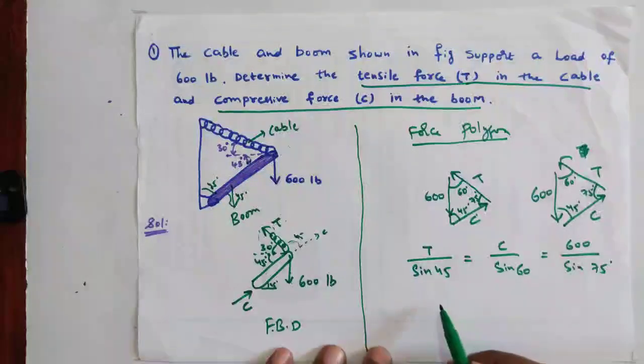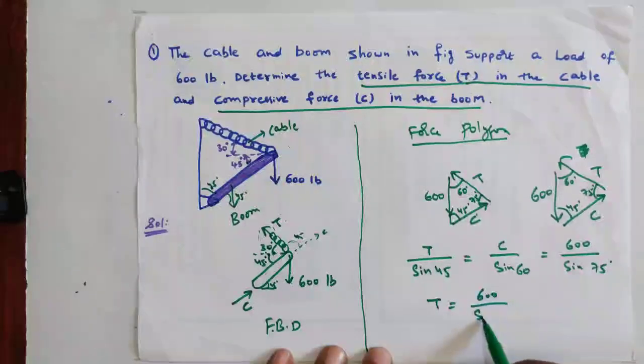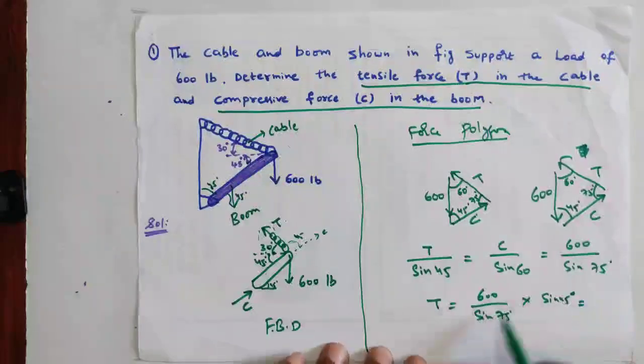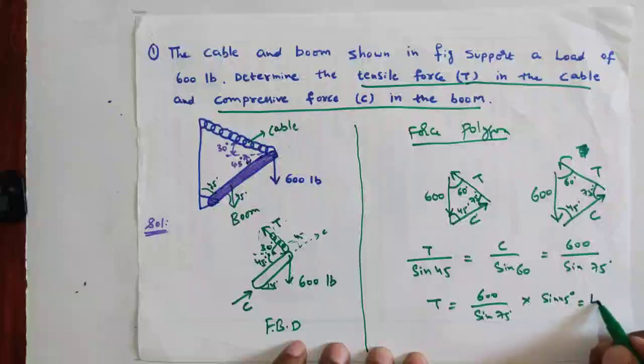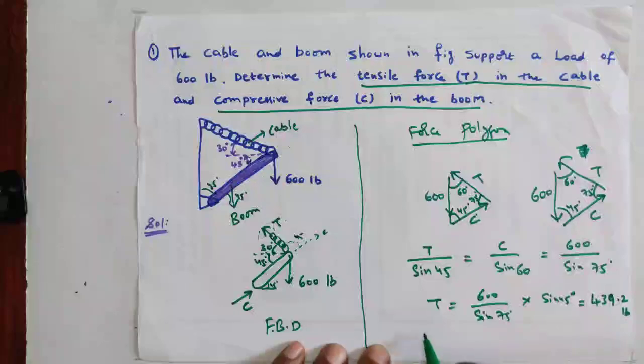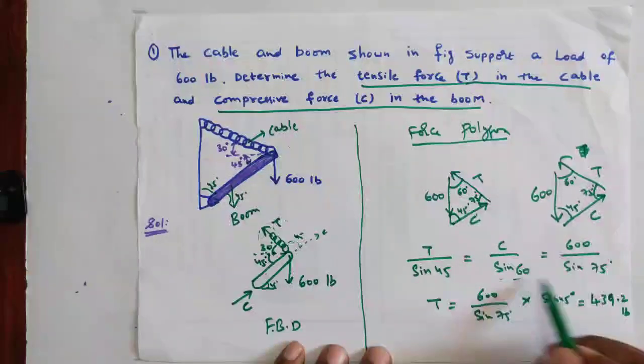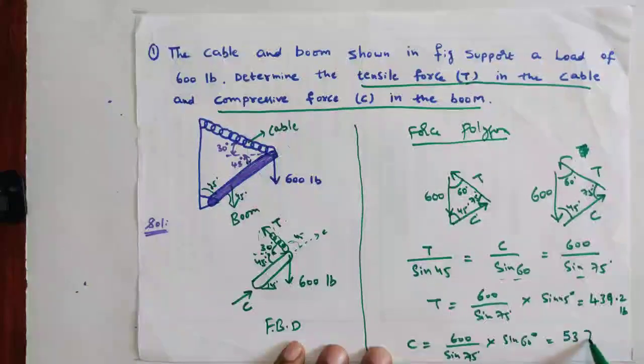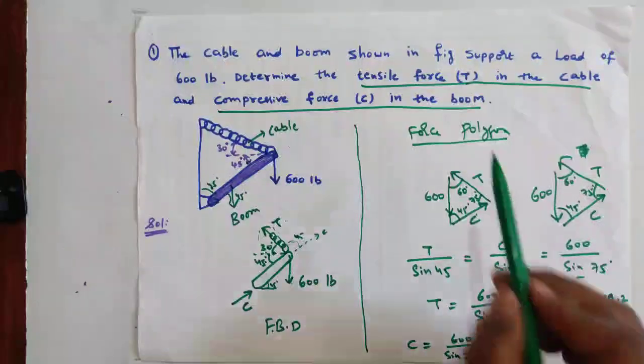If you calculate through a calculator, we get T equals 600 by sine 75 degrees into sine 45 degrees, which is approximately 439.2 pounds. Similarly, C equals 600 by sine 75 degrees into sine 60 degrees. The answer will be 537.94 pounds. In this way we can solve this problem by using the force polygon.